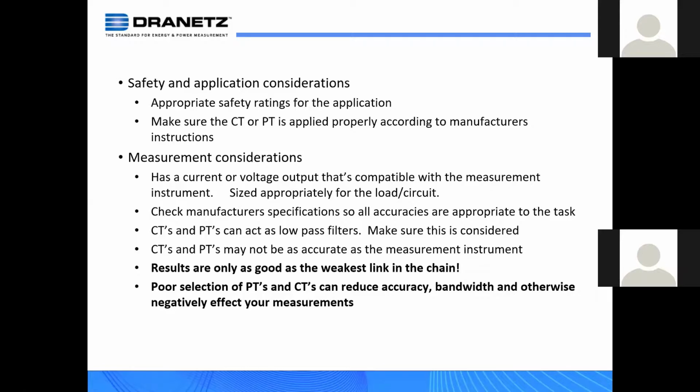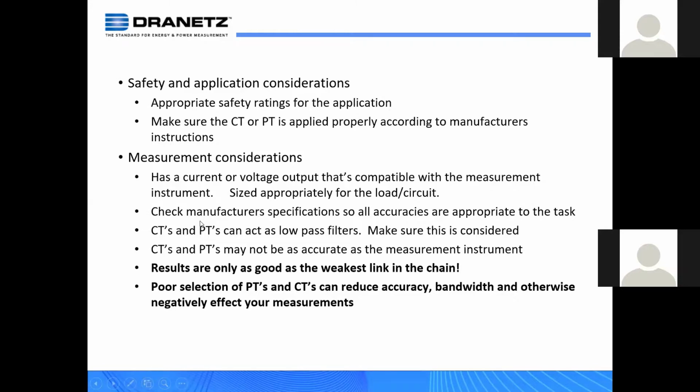That's an important thing. But also check the manufacturer's specifications so all accuracies are appropriate for your application. When we talked about the accuracy of the energy meters and the power quality meters, CTs and PTs and any of the transducers can be a weak link in that chain.